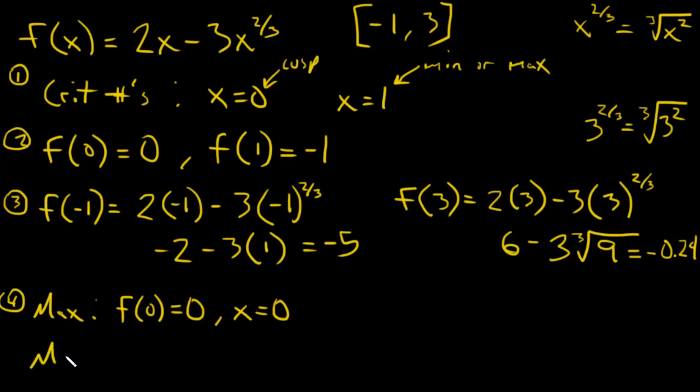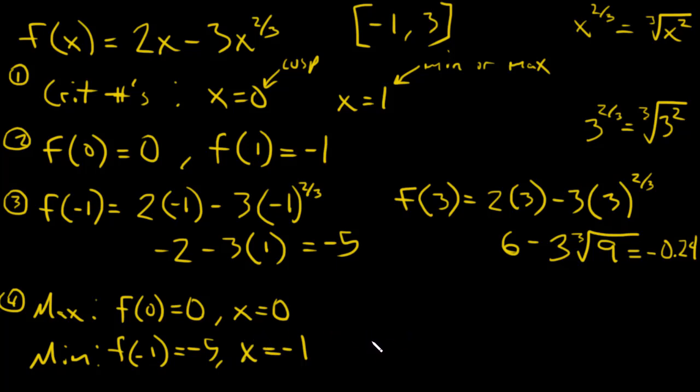The minimum, what is the minimum y value among all of those? Well, 0, negative 1, negative 5, negative 0.24. Negative 5 is the smallest one, so f of negative 1 is equal to negative 5. So that minimum occurs at x equals negative 1. And that's it. Those are your mins, your maxes. Those are your extrema for the function.